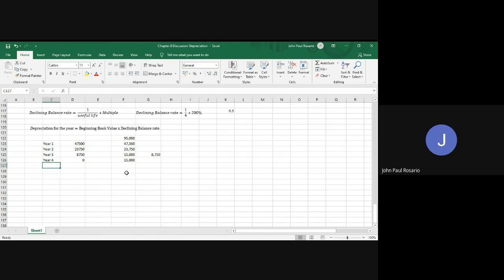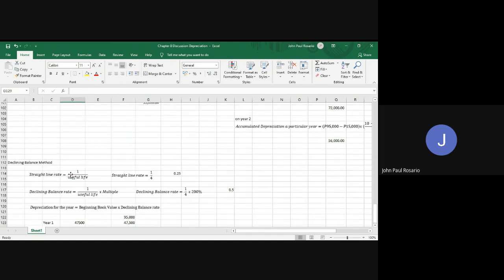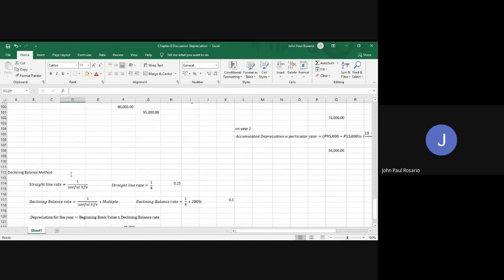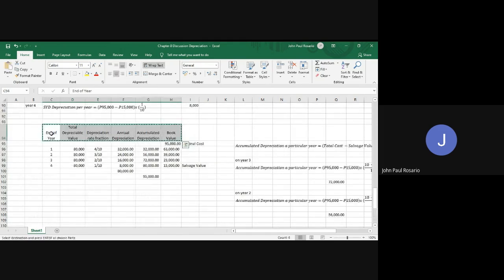Okay? With that, after computing our depreciations for the year, now we can create our table. So we have six columns. We'll use this.